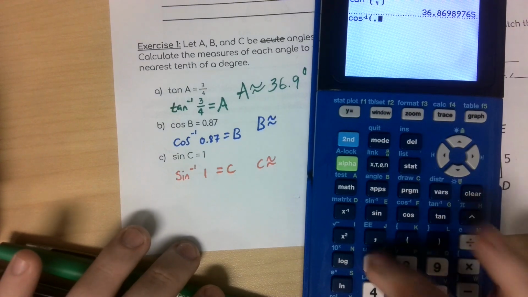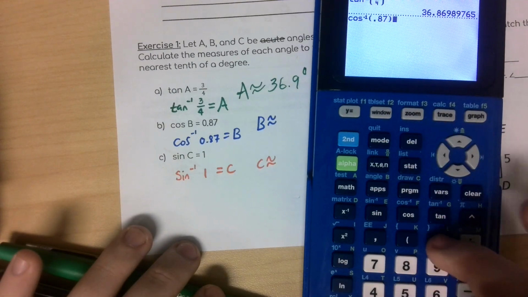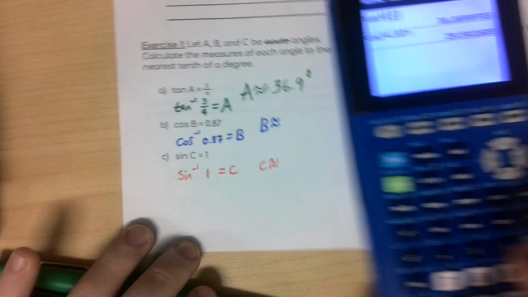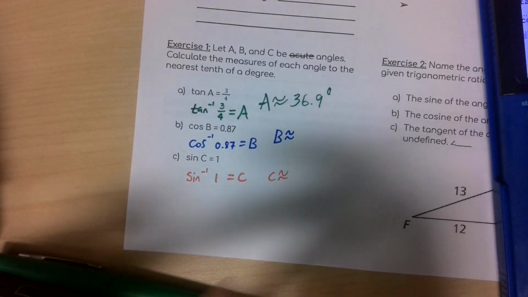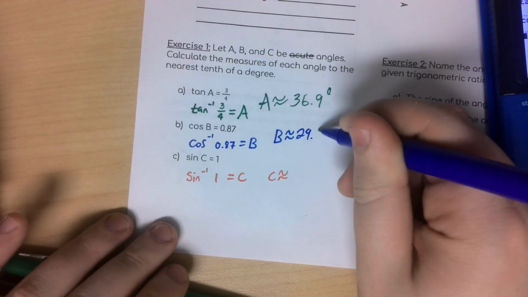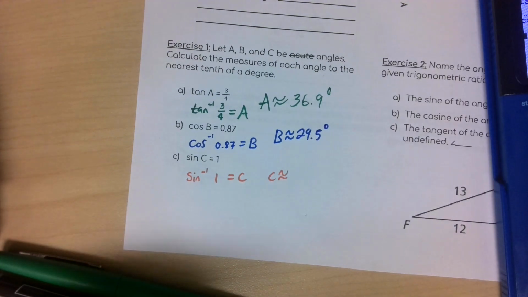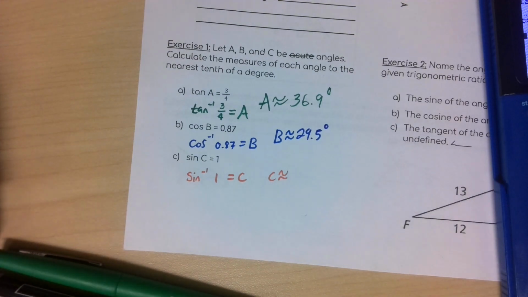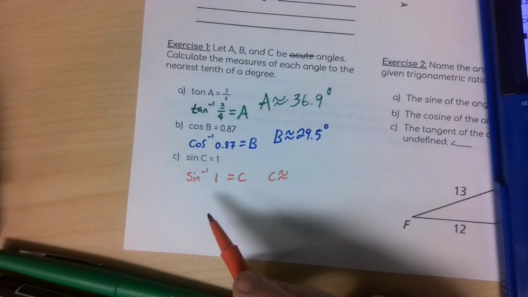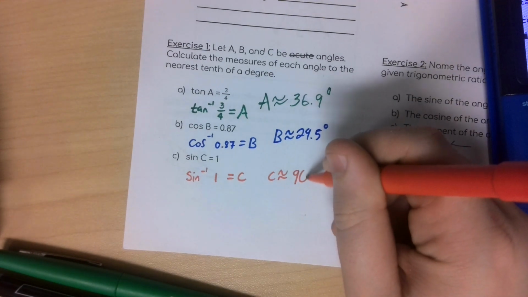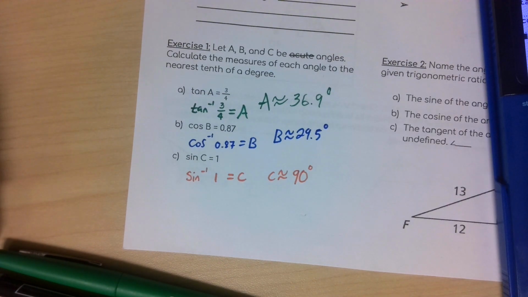So the inverse cosine of 0.87 is 29.5, so B will be about 29.5 degrees. If we take the inverse sine of 1, we'll actually get exactly 90 degrees. So that is how we use inverse trigonometry.